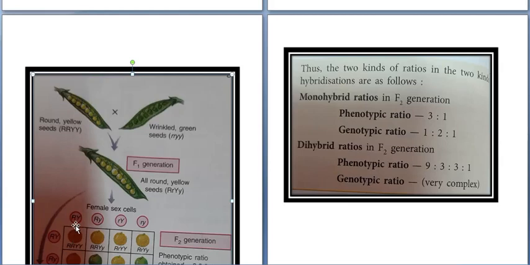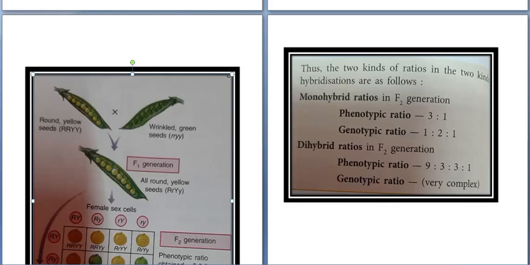Now here, whether the round is capital R or small r, whether the seed is wrinkled or round does not have any impact on whether it will be yellow or green. Round is also yellow, round is also green, and wrinkled is also having yellow and wrinkled is also having green.